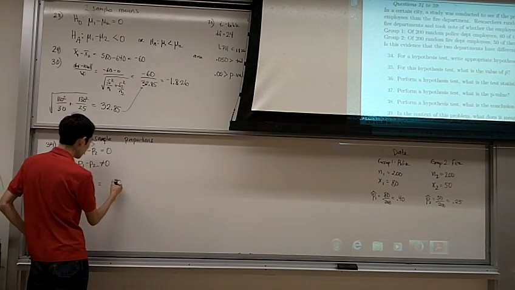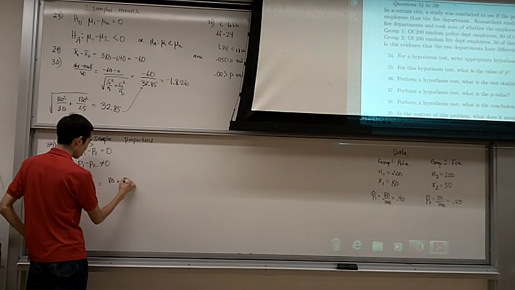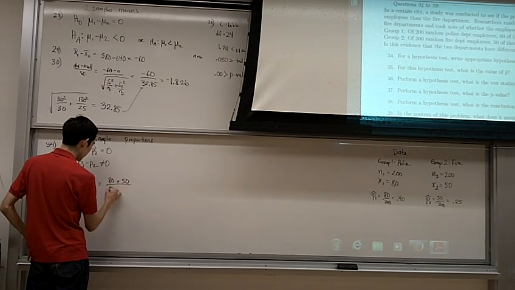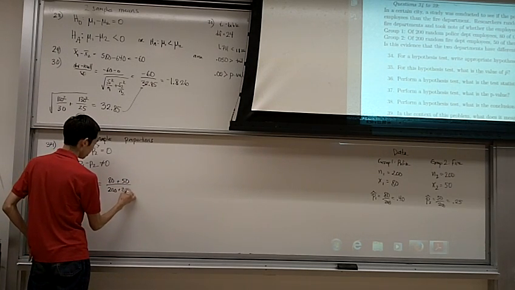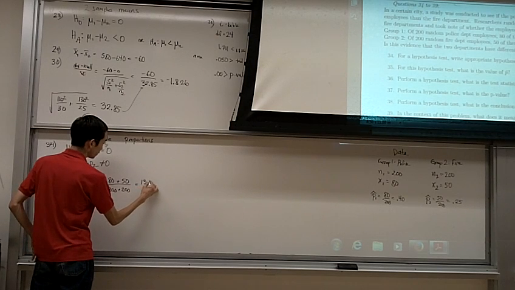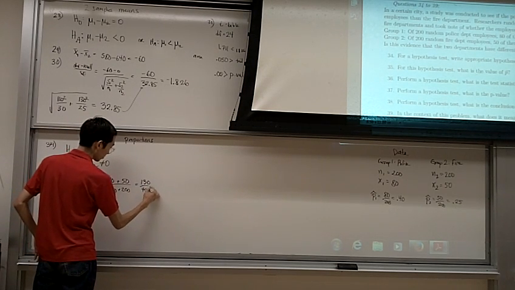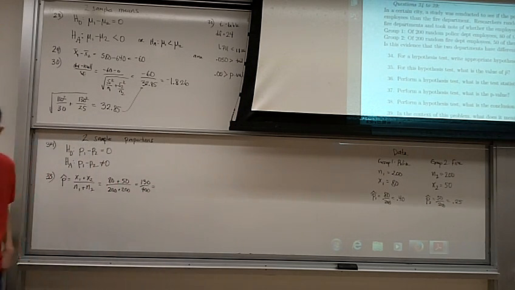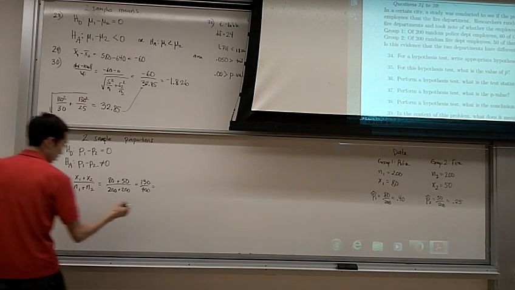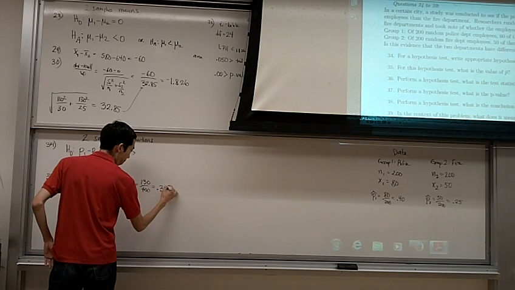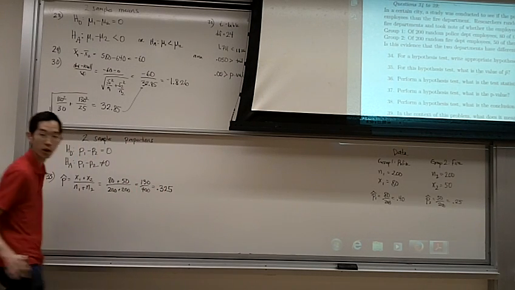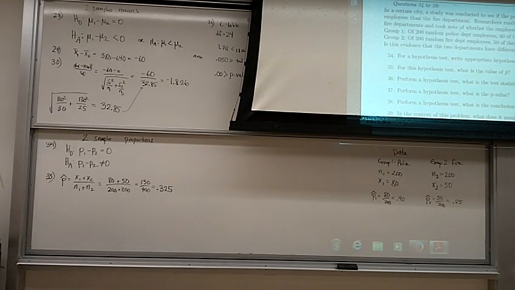X1 is 80 plus X2, which is 50, over 200 plus 200. So I have 130 over 400, which is 0.325.